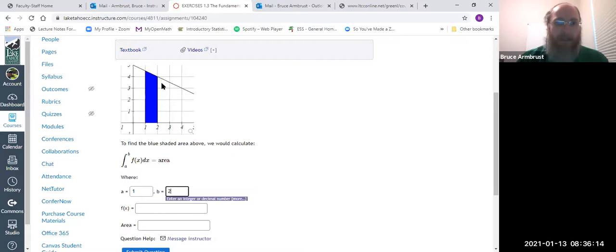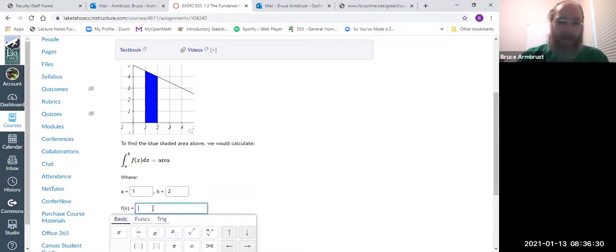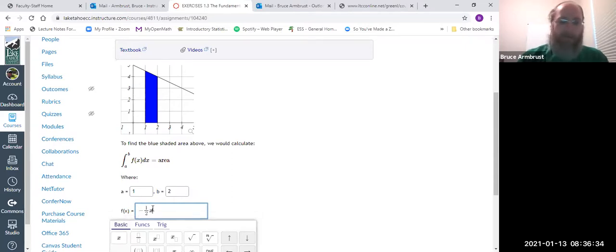So it looks like this has a slope of -1/2. Right? Good old rise over run. I'm dropping 1 as I go over 2. So -1/2. Looks like it's got a y-intercept of 5. So let's put in -1/2 x plus 5. Syntax error. Nope, we're good.